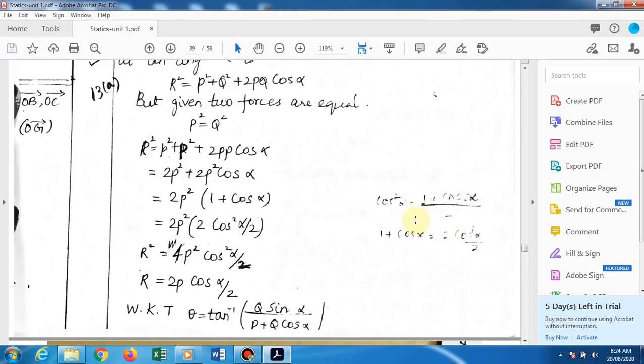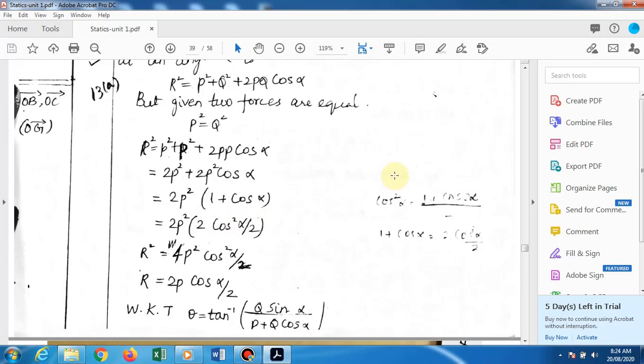If you multiply 2 to this side, 2 cos square theta is equal to 1 plus cos 2 theta. Therefore 2 cos square theta by 2 is equal to 1 plus cos theta.